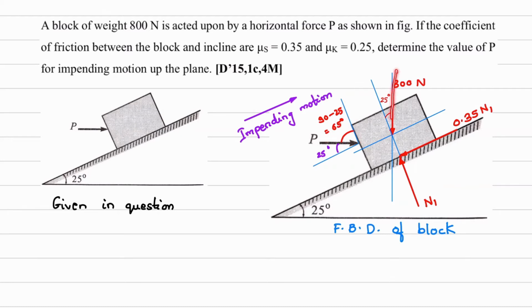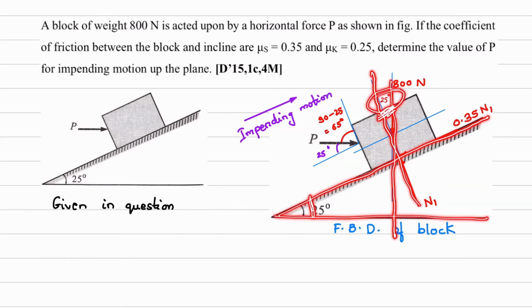Now weight is acting at CG, its value is 800 Newton. I have drawn and shown the weight. Now if you draw a perpendicular to this horizontal plane, and a perpendicular to this inclined plane, which is N, the angle over here is 25, and the angle over here will also be 25 degree.